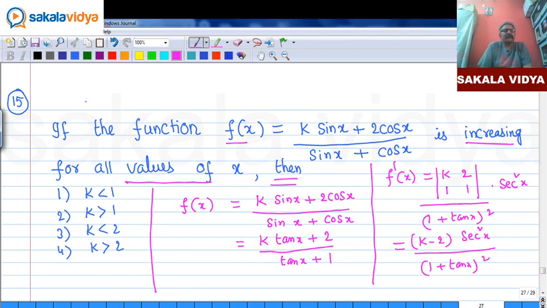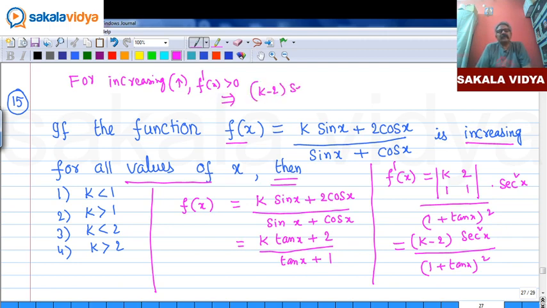See, for increasing, f dash x is greater than 0. So it must be positive. That means k minus 2 into secant square x upon 1 plus tan x whole square is greater than 0.